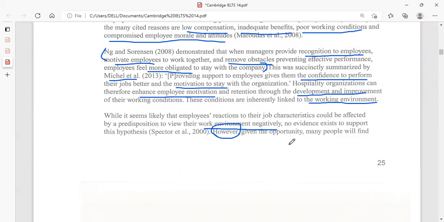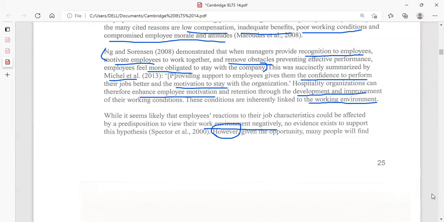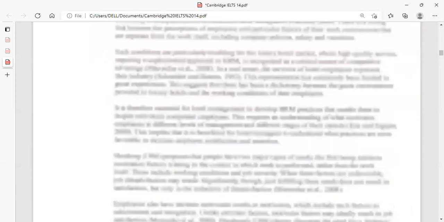So this could be one reason, or one feature, but there's no evidence to support this. So it should be false, right? Because in the question they are saying research has shown. So I think it should be false. What do you say, guys? False?